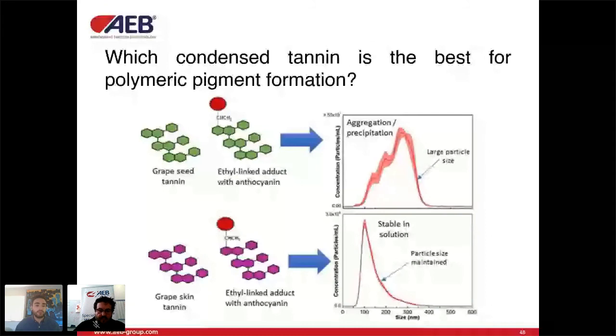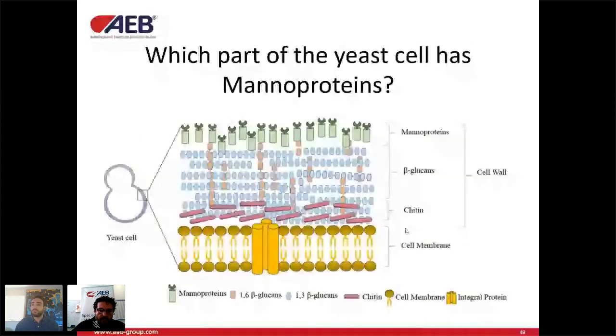It's none of the above, because the mannoproteins are not in the cell membrane, but in the cell wall. In fact, as you can see, the mannoproteins can be attached directly to the beta-glucan, or they can be attached by other proteins, but they are not attached to the cell membrane.